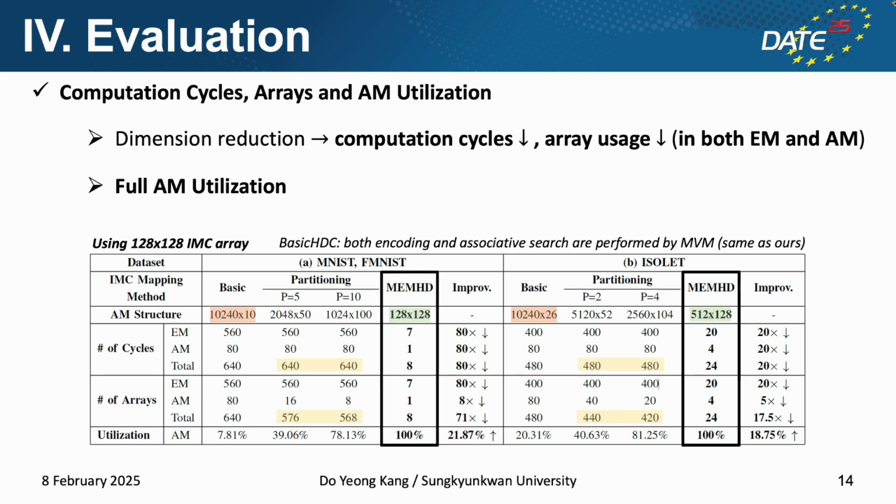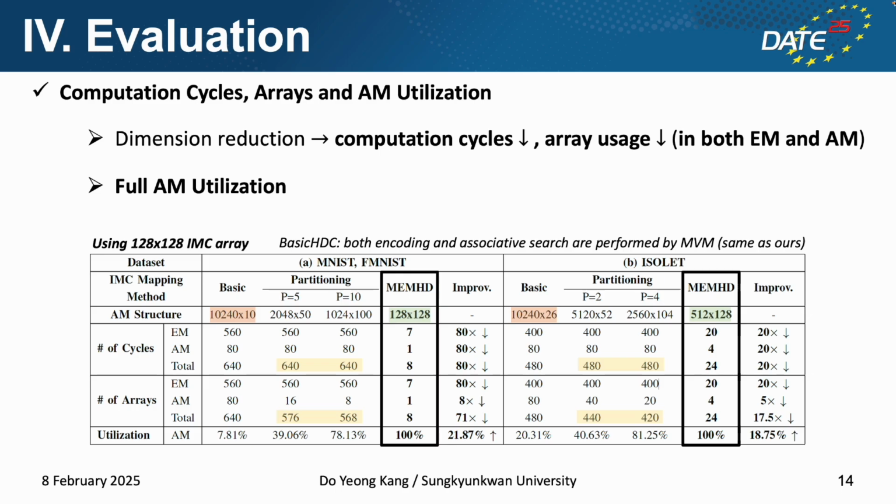Our 128 by 128 structure achieves comparable or higher accuracy than basic HDC with 10,000 dimensions, while both use the same MVM-based encoding and associative search. Therefore, for each benchmark, we compared our method against 10,000 dimensional basic HDC in terms of performance and IMC resource requirements.